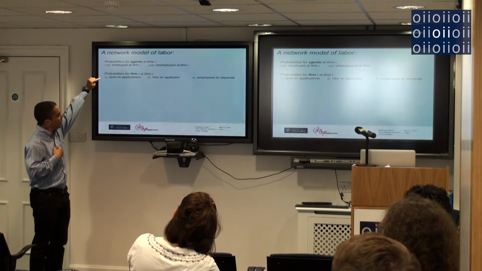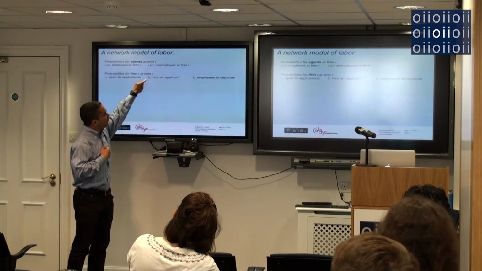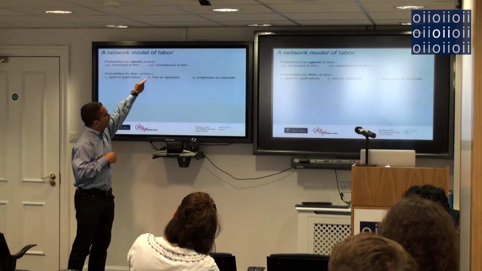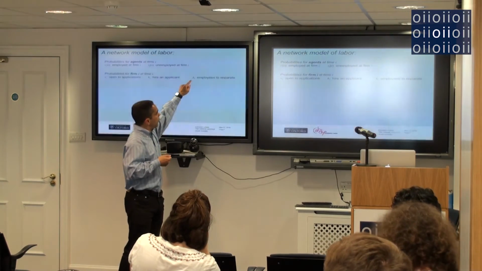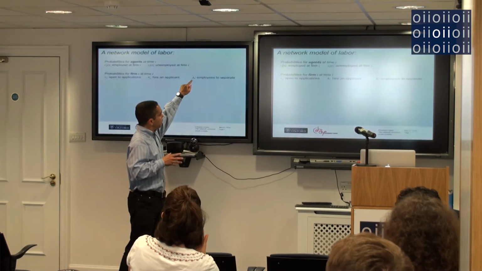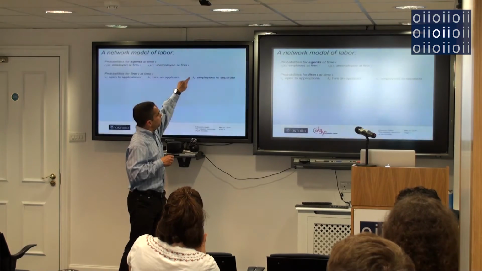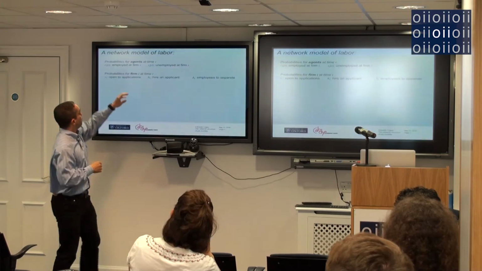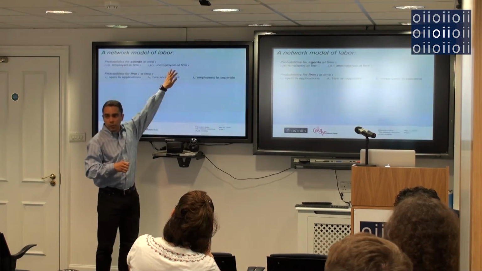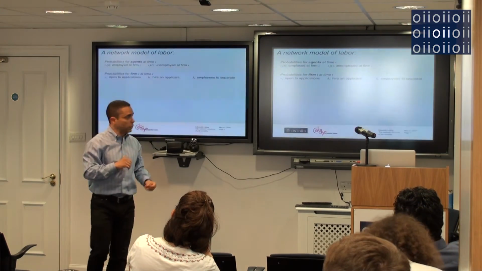Of the applicants that try to get in there, a fraction h sub I will be hired. And then on every single time step, and we take this from the data, employees may decide to make the transition from being employed to being unemployed, so basically to start looking for a job.